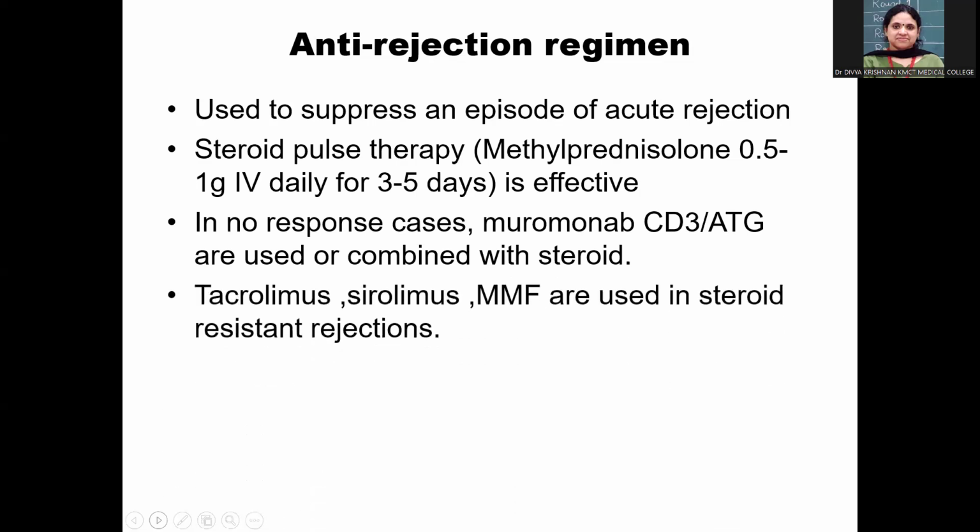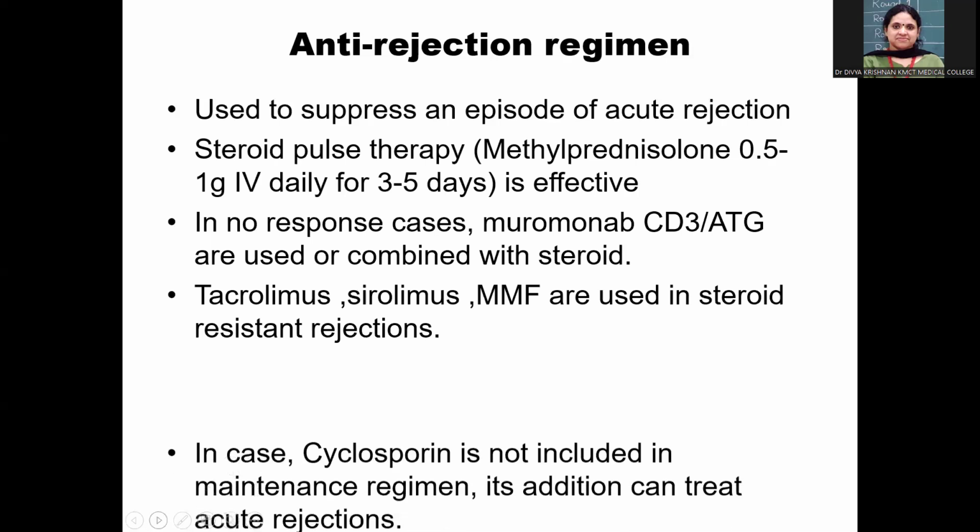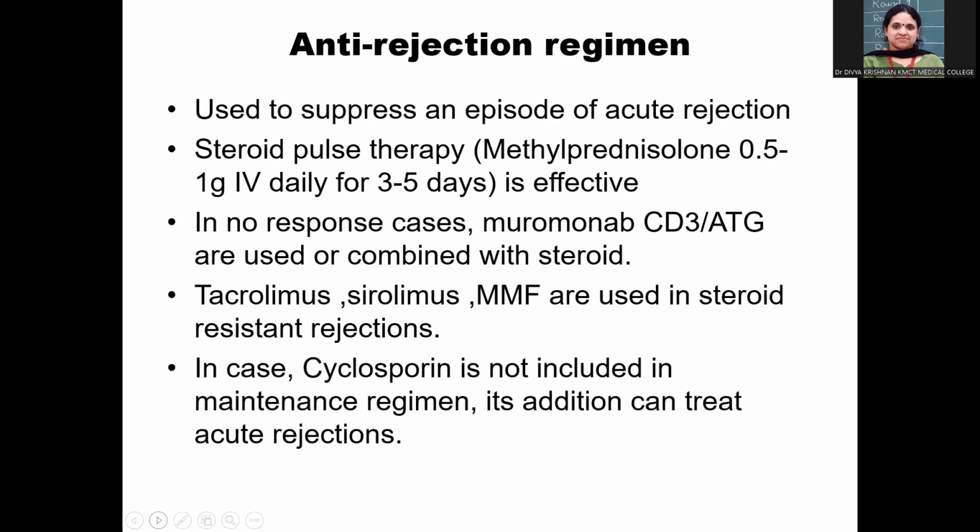In cases where the steroid is not effective, or the patient is resistant to steroid and the rejections are not being controlled by the steroid alone, tacrolimus, sirolimus, or MMF can also be used. Now, in case cyclosporin was not included in the maintenance regimen, even cyclosporin can be added to prevent an acute rejection.